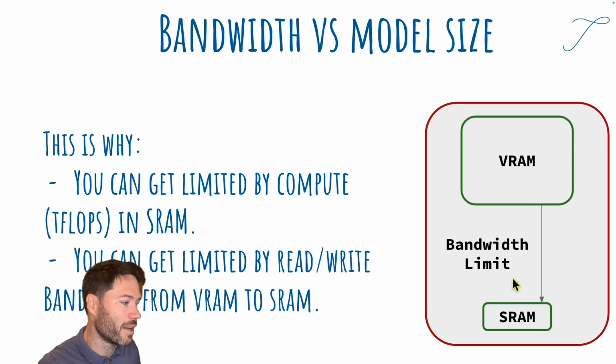This is the bandwidth limit. And this bandwidth limit becomes more relevant if you have a large model relative to the size of your GPU. You just become limited in how fast you're able to read weights from the VRAM into the SRAM.